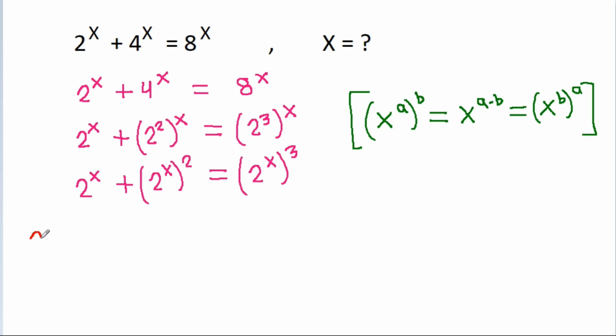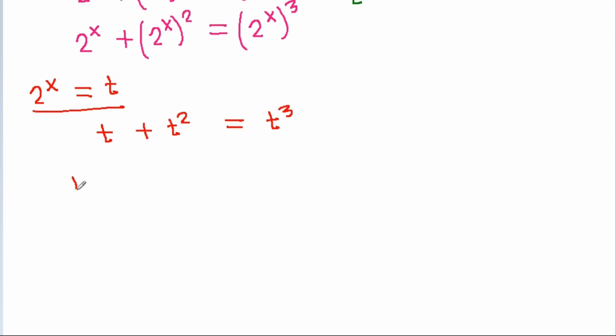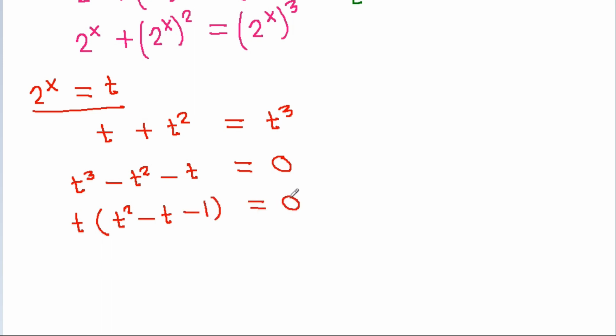And if we take 2^x equal to t, then it is t + t² = t³. So t³ − t² − t = 0, and we can take t common, giving t² − t − 1 = 0.